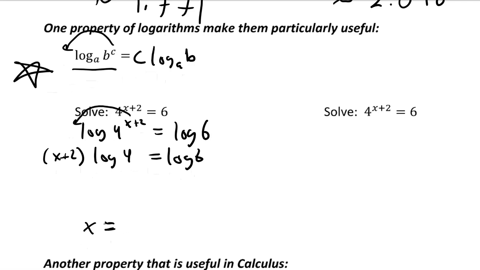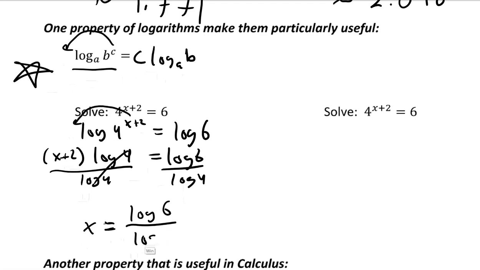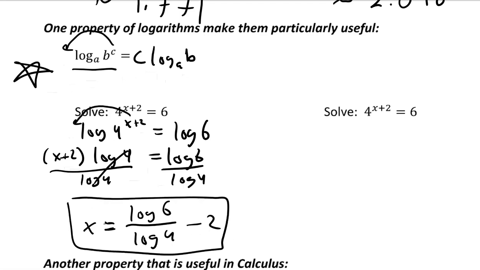Okay, and then we just solve it like we'd normally solve. Undo times with divide, undo plus with minus. But this property allows me to get an exponent or a variable out of the exponent.